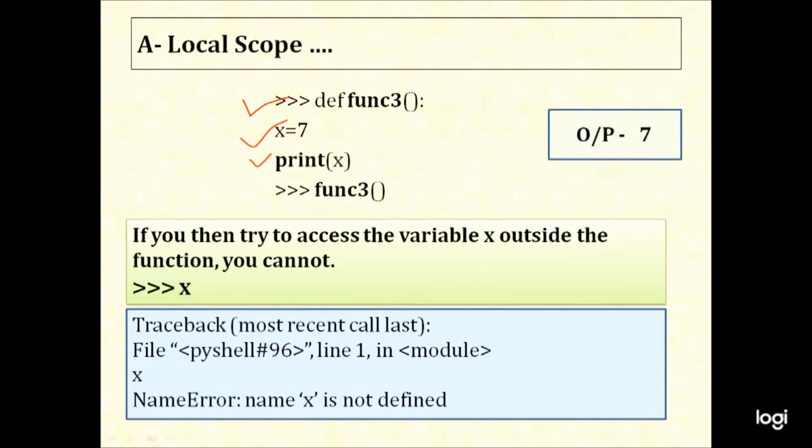This program will give output 7. But if user is trying to use this variable outside the function, as here it is used outside the function, then definitely it will create an error, because local variable cannot be used outside the function.